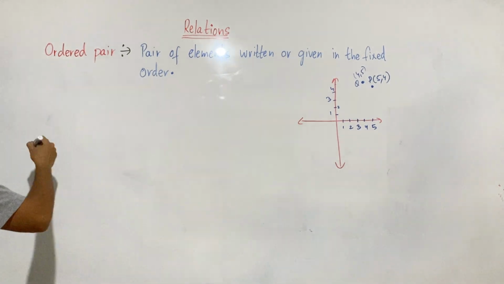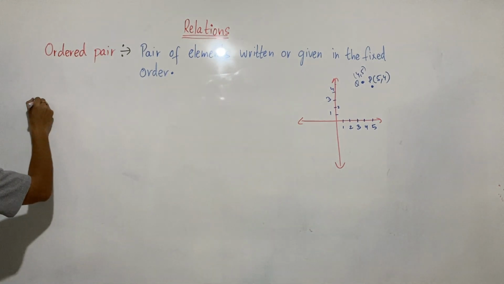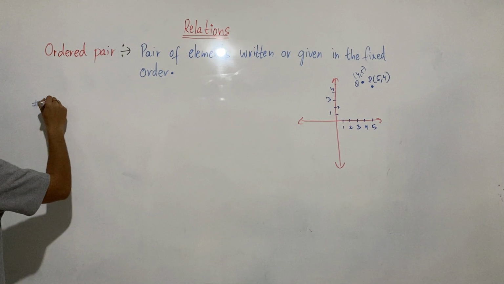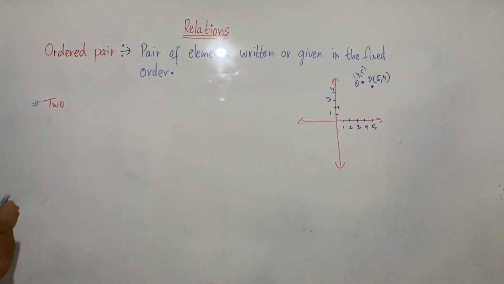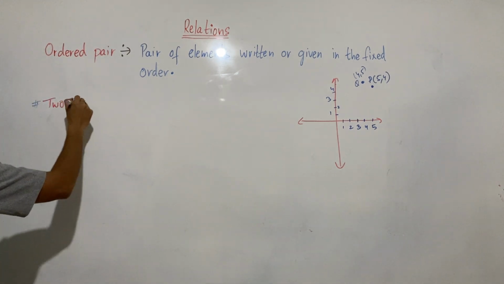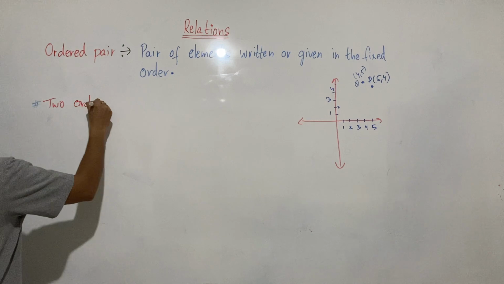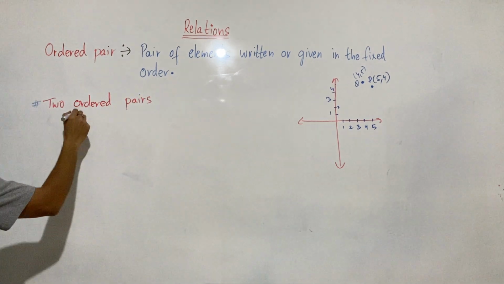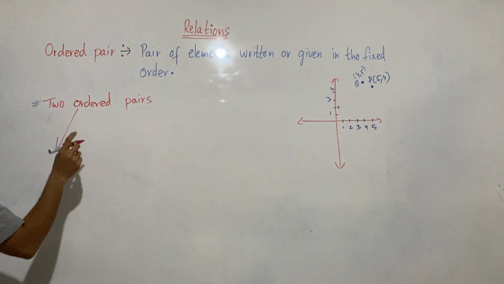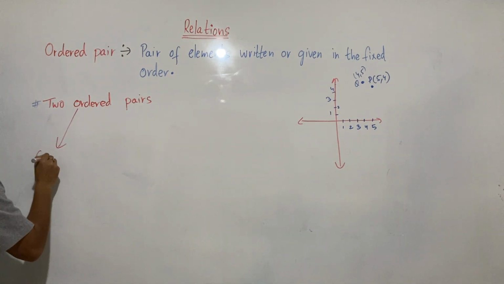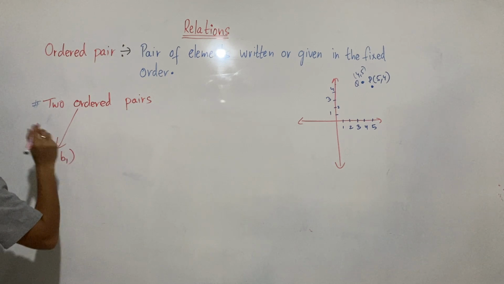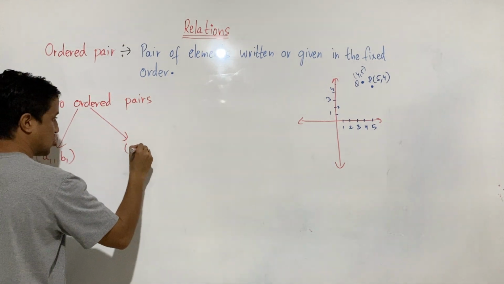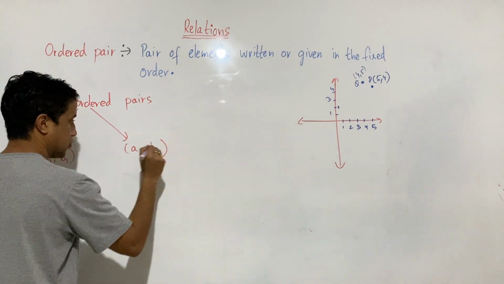The first ordered pair is (A1, B1), and the second ordered pair is (A2, B2).